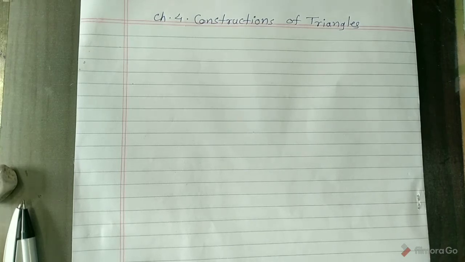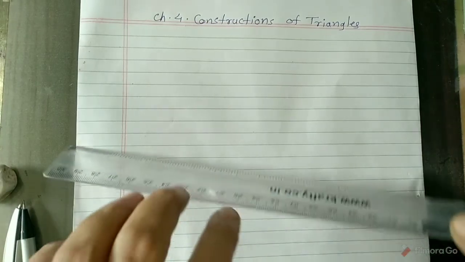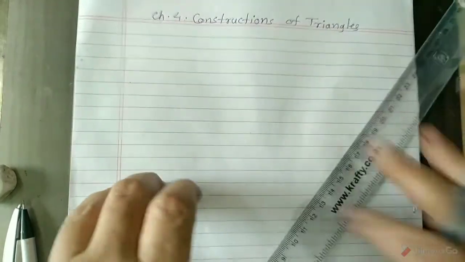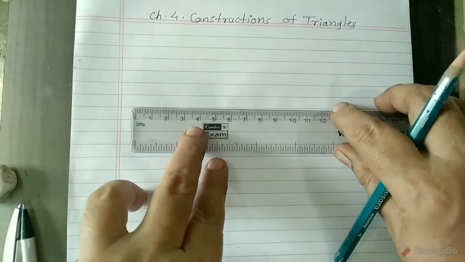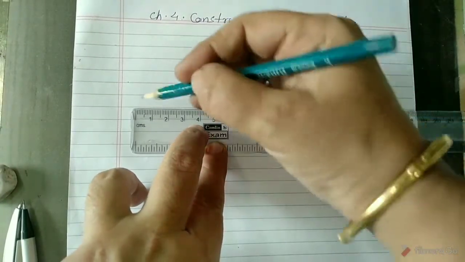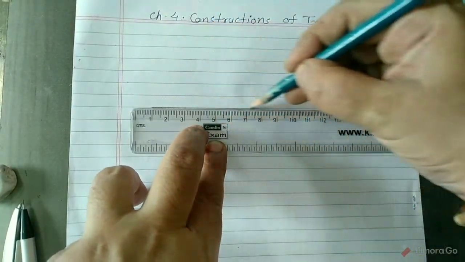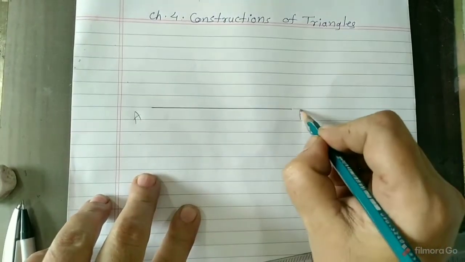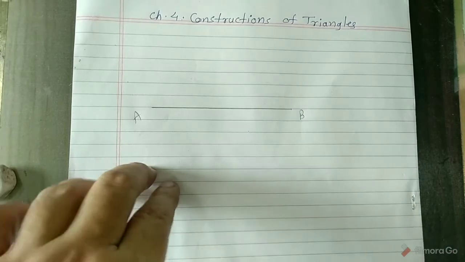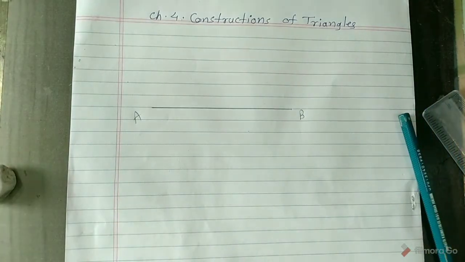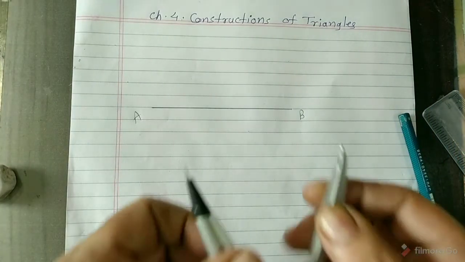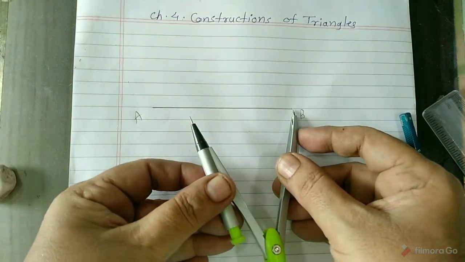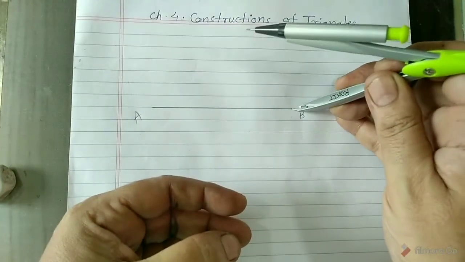Now we first see how to draw a perpendicular bisector. So first I draw a line here, and name it A and B. Okay, now I draw a perpendicular bisector. Now take a compass and take more than half.